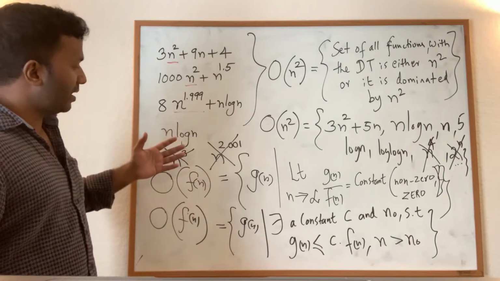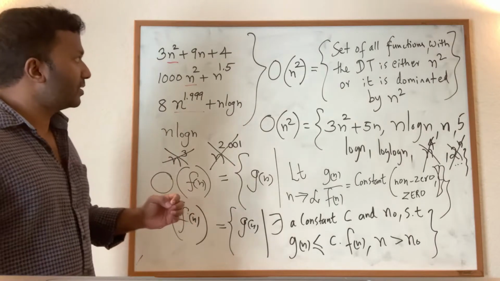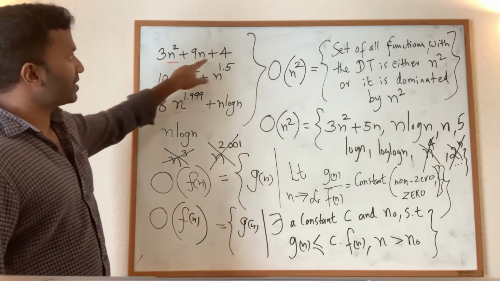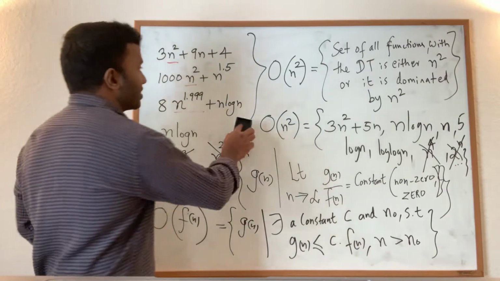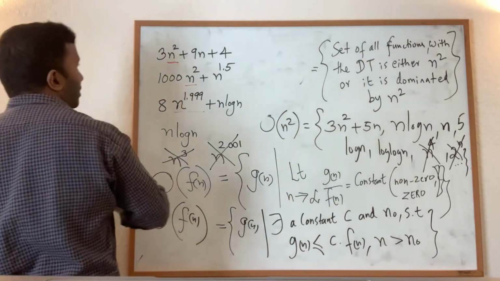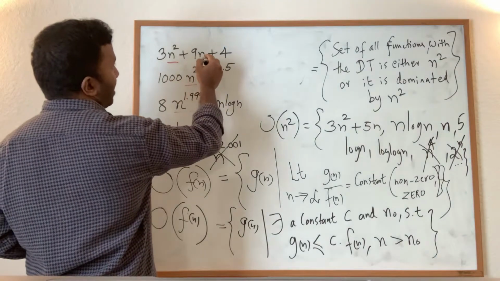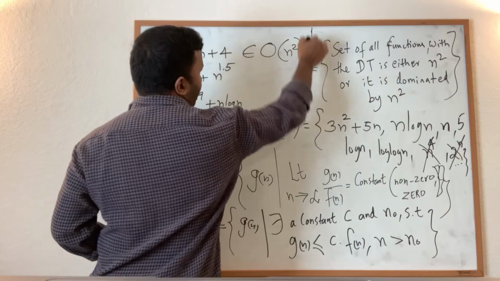And you see here that big O denotes a set. So whenever we have a function like this, we should use this notation: 3 times n square plus 9n plus 4 belongs to big O of n square.